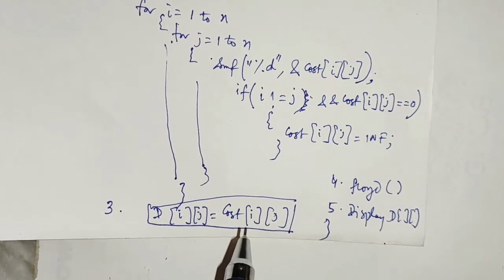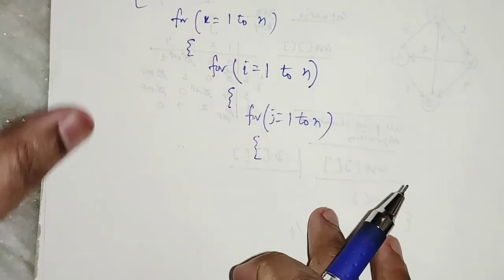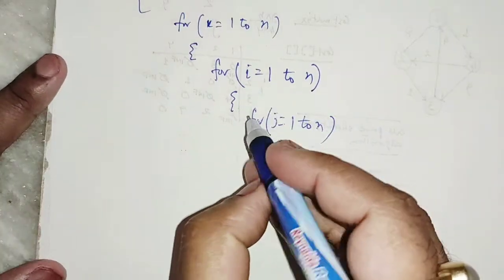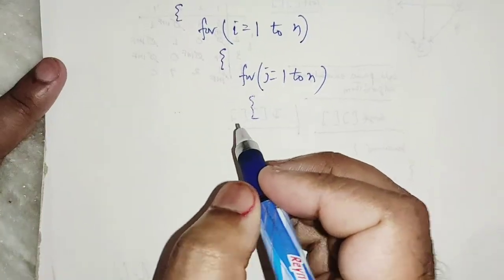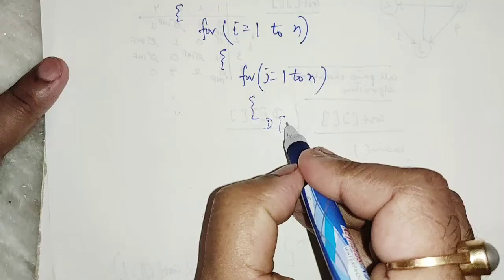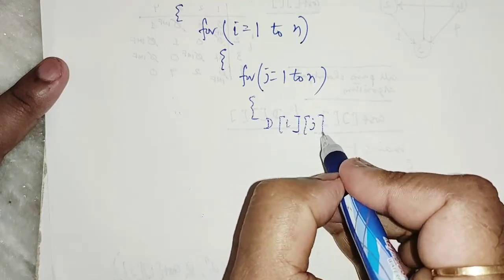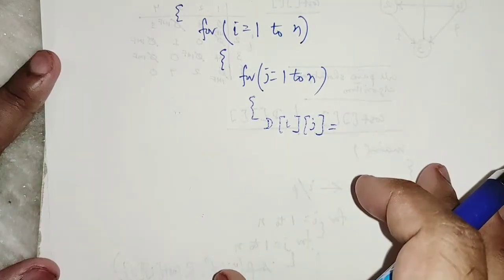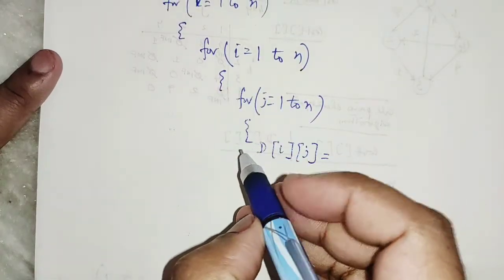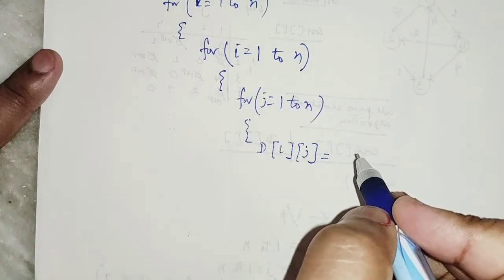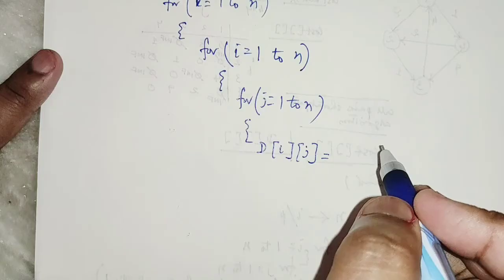Initially D holds the cost matrix, so after that we will use D. The formula is D of ij is calculated as the minimum of D of ij comma D of ik plus D of kj.